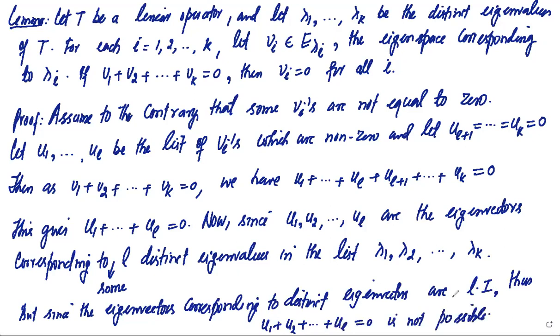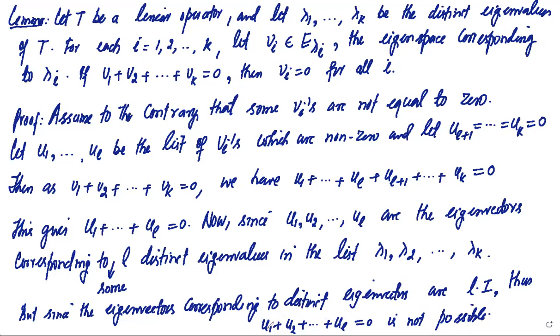Linear independence means that in each linear combination over the scalars from the field F equal to 0, each coefficient has to be equal to 0.